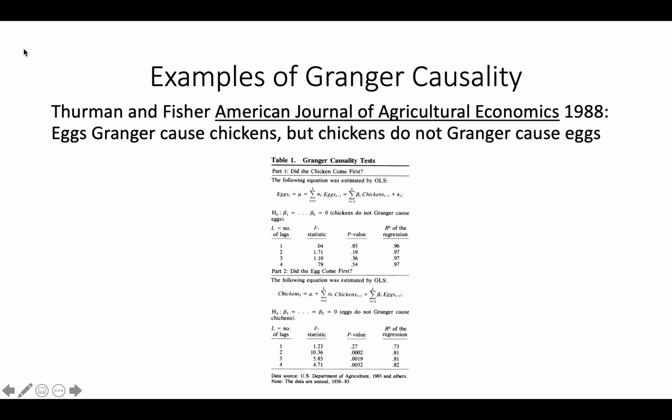And after doing the Granger causality tests, they found that eggs Granger cause chickens, but that chickens do not Granger cause eggs. In other words, egg production significantly explained variation in chicken production, but chicken production did not significantly explain variation in egg production.